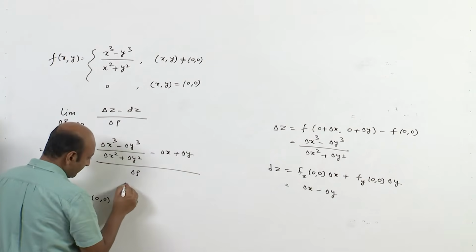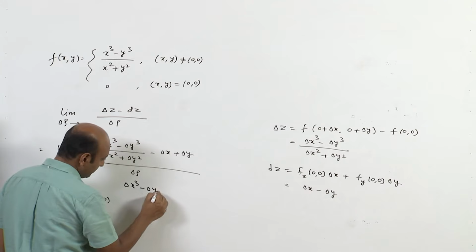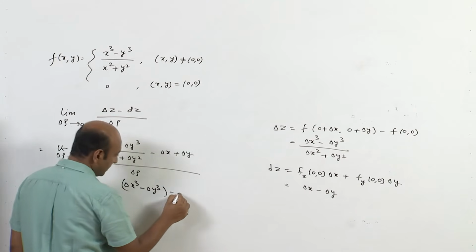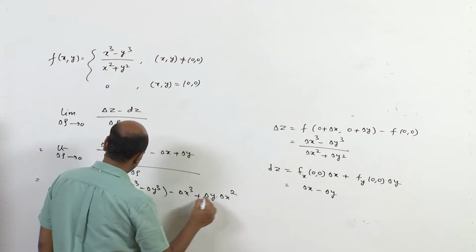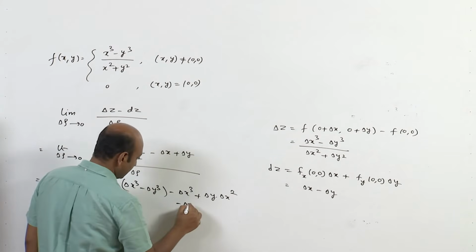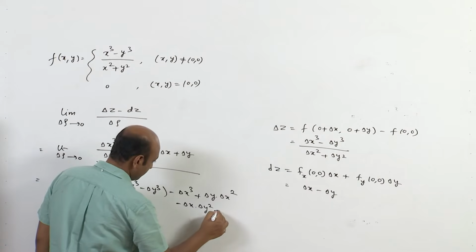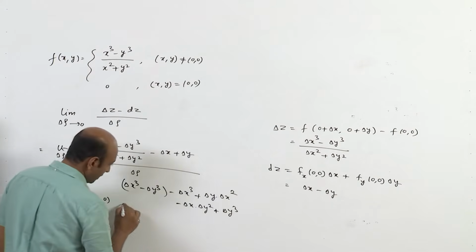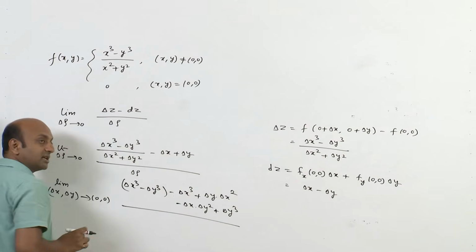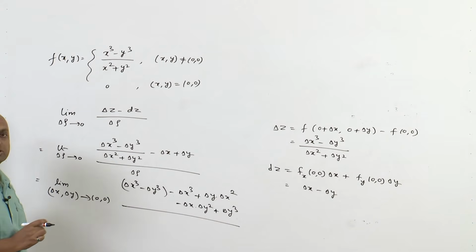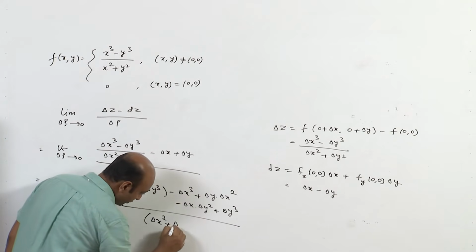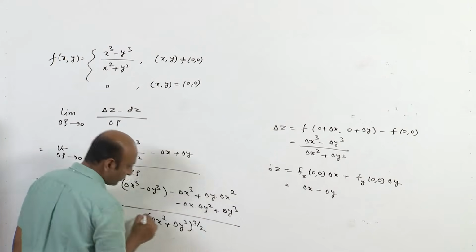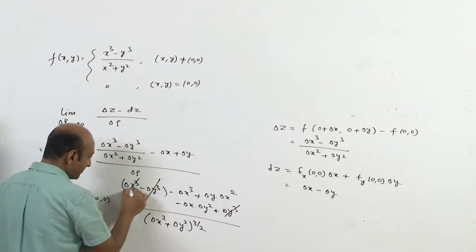And this will be delta x cube minus delta y cube minus delta x cube plus delta y into delta x square, okay, then minus delta x into delta y square and plus delta y cube, and whole divided by, now, this expression delta x square plus delta y square, the under root of delta x square plus delta y square and this term. So, this will be delta x square plus delta y square whole raised to power 3 by 2.